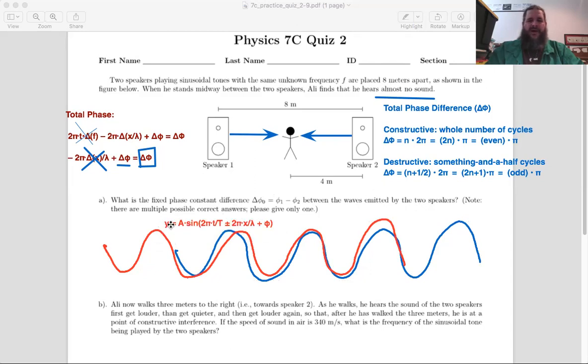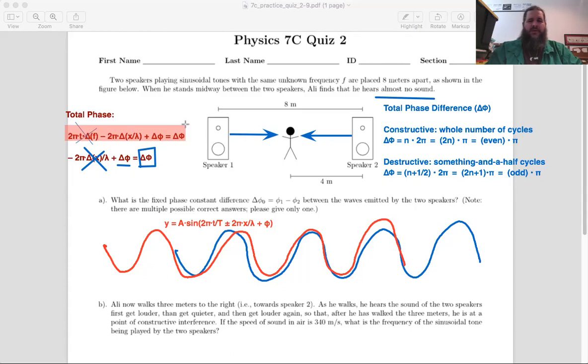The wave equation, y equals amplitude times sine of all this stuff, is describing the displacement at any point on the wave at any time. The total phase equation is talking about what type of point you're at. Are you at a crest or a trough or somewhere in between? And in particular, the total phase difference, which is what we really care about, this equation here, is talking about whether there is any difference between what type of point you're experiencing from both waves.